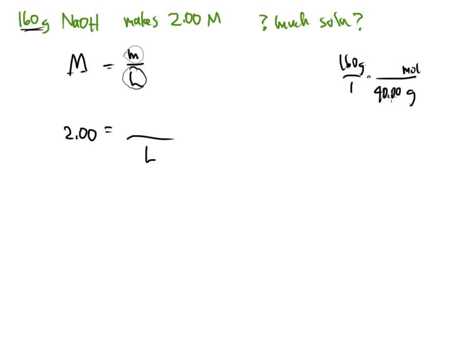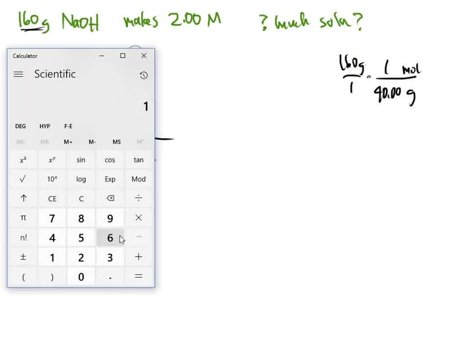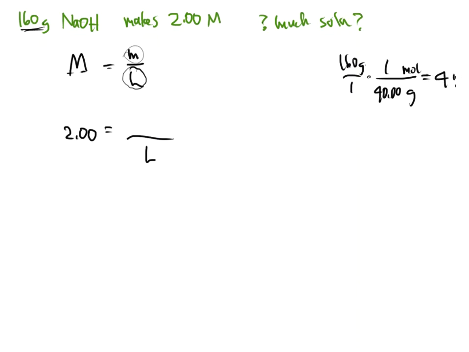We did that before in the last example in 1 mole. All right, so I'm going to bring up the calculator. And there's 160 grams that was used. Well, 40 grams is 1 mole of stuff, so that gives me 4 as an answer. So that means that I have used 4 moles of sodium hydroxide in this solution preparation. All right, well, that's the number that's going to go here, 4.